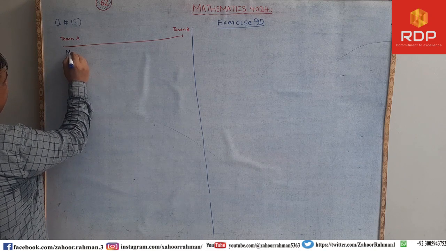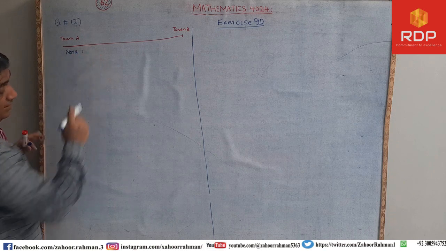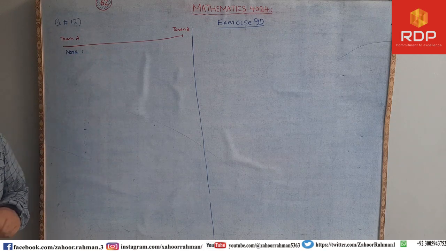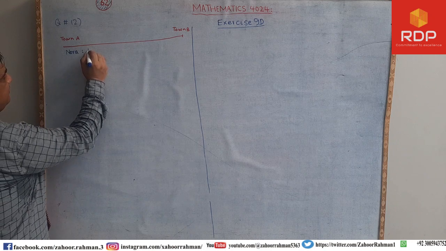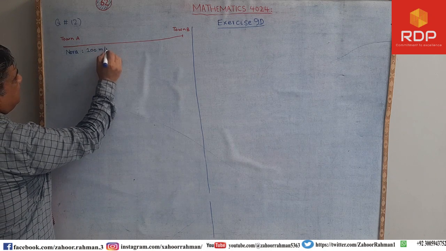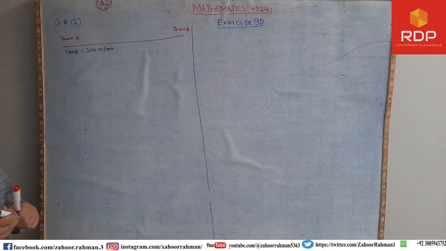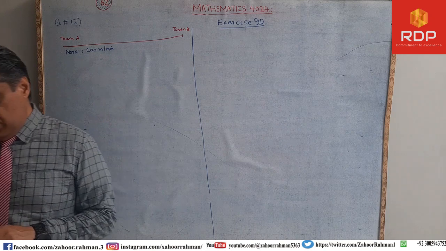We are writing the data. Nora with what speed? 100 meter per minute. She is walking towards town B.